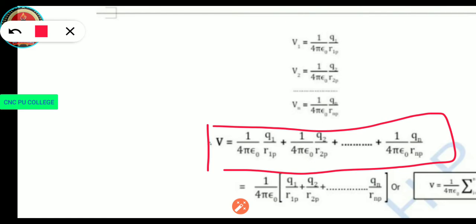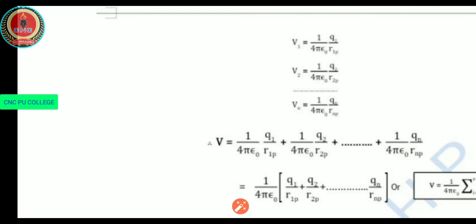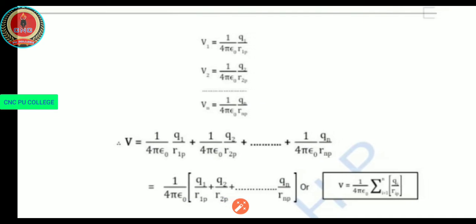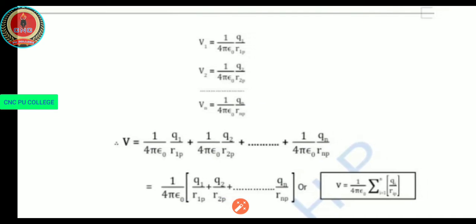In all the terms we have 1 by 4 pi epsilon naught as a common factor. By taking that as a common factor, we have V equals 1 by 4 pi epsilon naught times Q1 by R1P plus Q2 by R2P plus so on plus Qn by RnP.